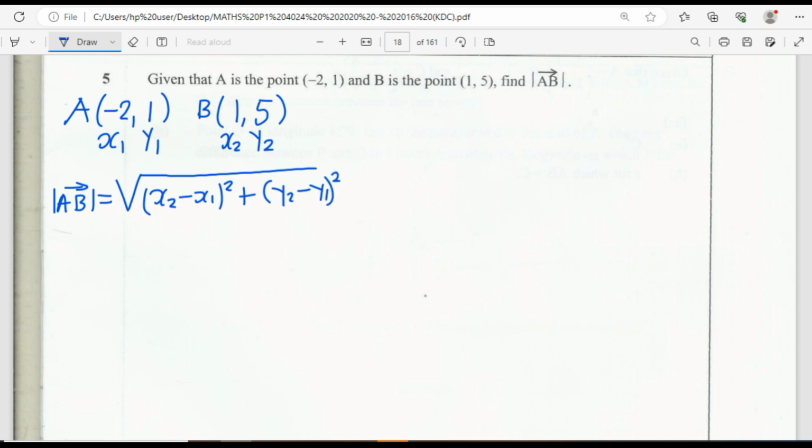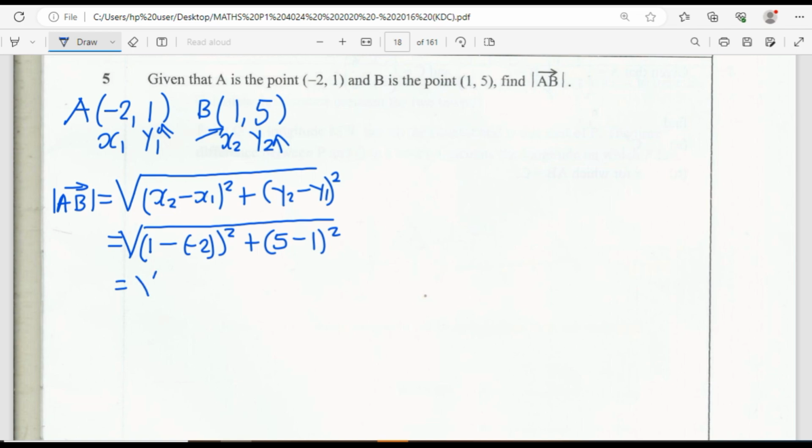So this is the formula that you're supposed to use. Then from there we can now do substitution of numbers. So what is x2? x2 is 1 minus x1, which is -2, squared, plus y2 is just 5 minus y1, which is 1 here.